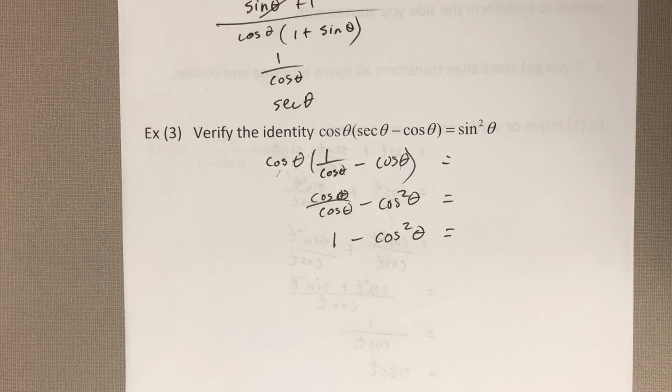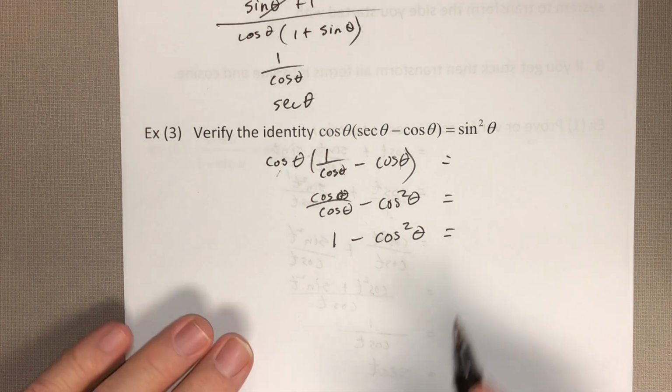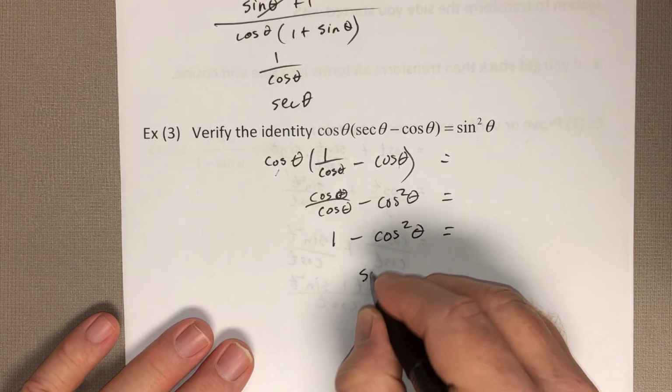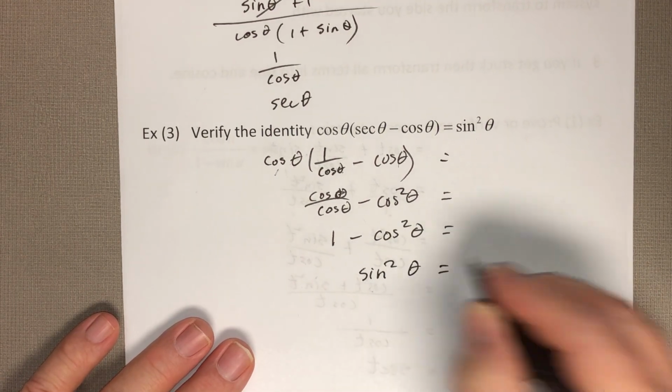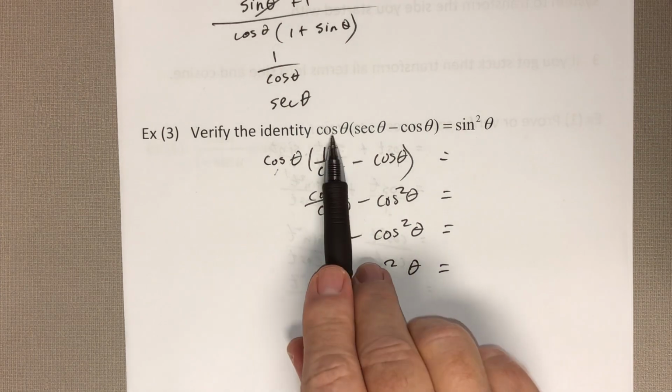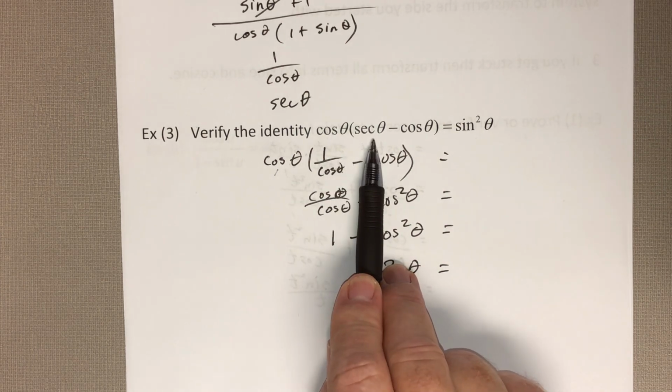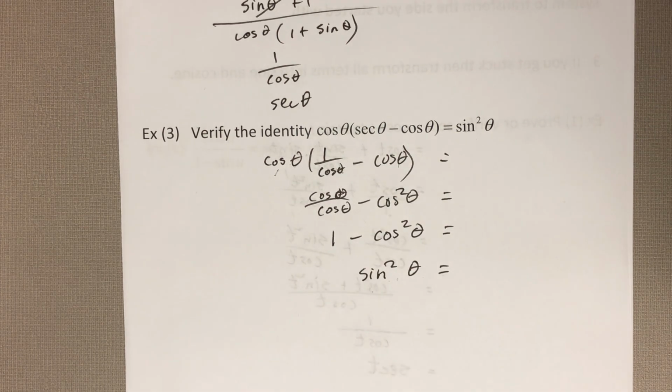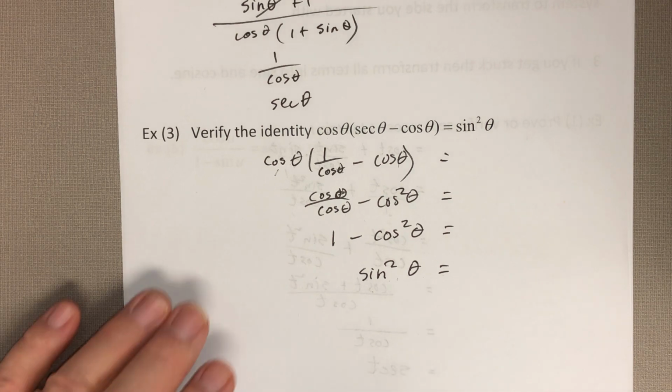That's the sine squared of theta plus cosine squared of theta with the cosine squared of theta subtracted from each side, and that is equal to the sine squared of theta. And we have proven that the cosine of theta times the secant of theta minus the cosine of theta is equal to the sine squared of theta.